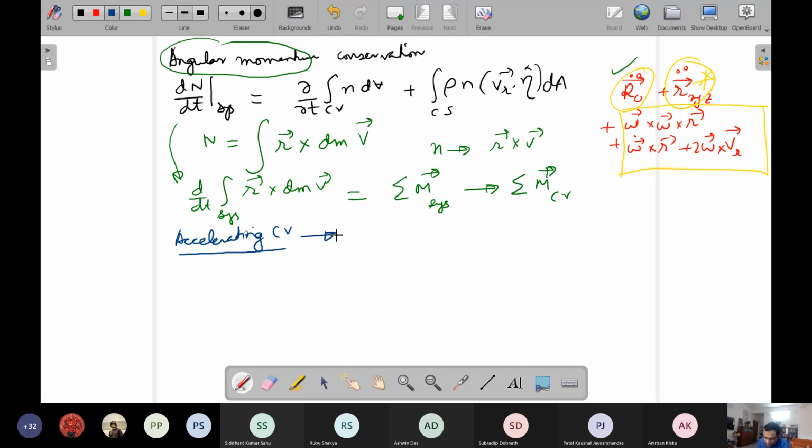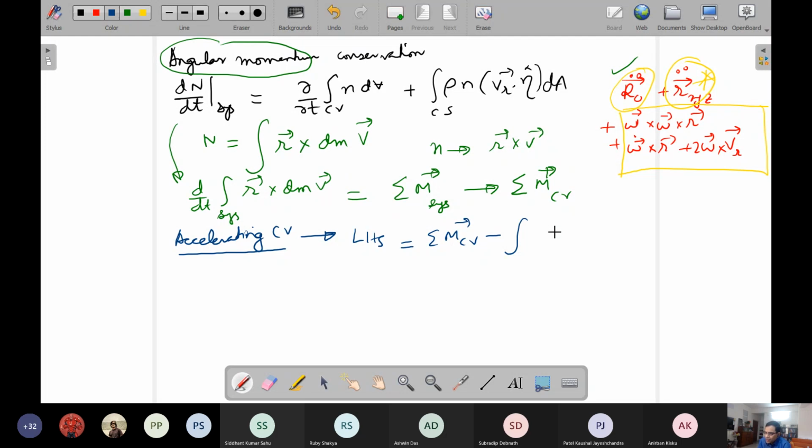What is that correction term? So you will have the left hand side minus integral of.